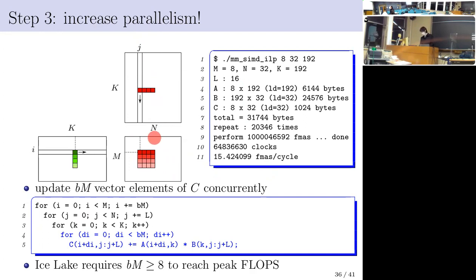Why don't you do something like this? You take, for example, 4 vectorized elements, and in the innermost loop, you update 4 different elements of C like this. This is what this slide illustrates.